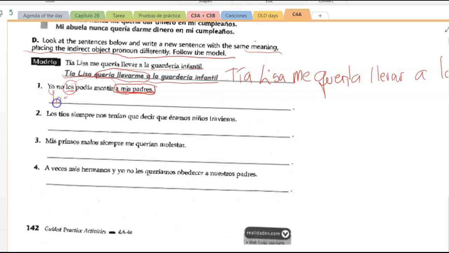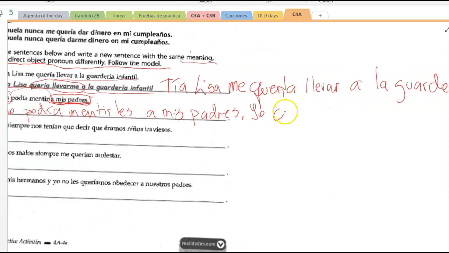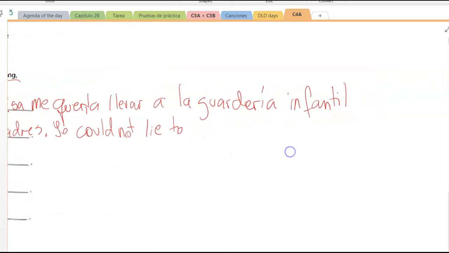So we're going to say yo no podía mentirles a mis padres. What is this one saying? In English, it's saying I could not lie to my parents. Poder here is could.